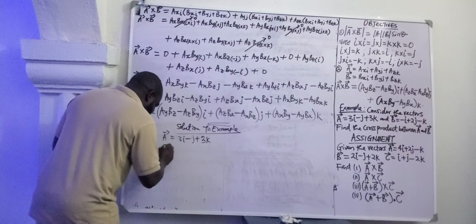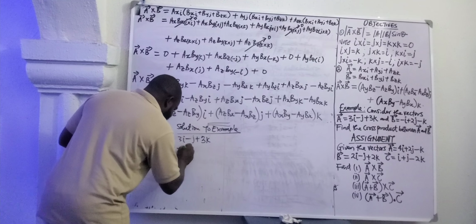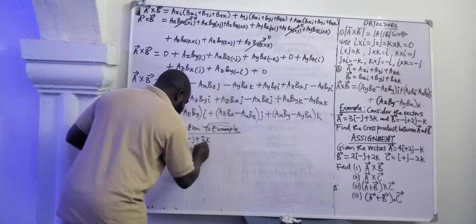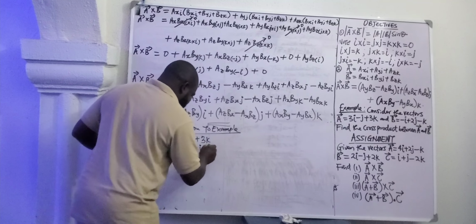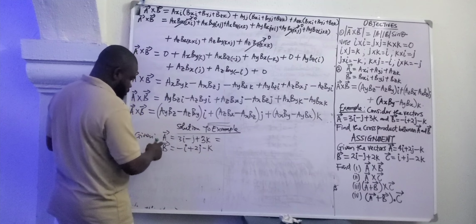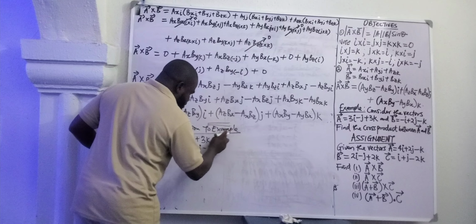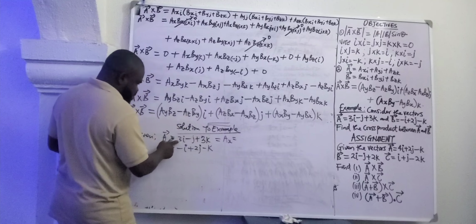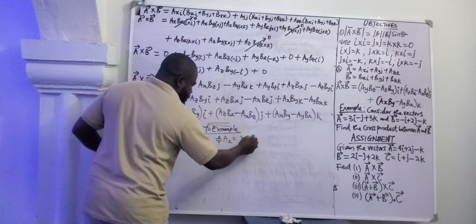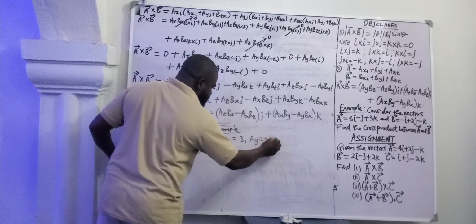And we are given vector B as minus i plus 2j minus k. If we compare this with the general equation, it means our ax is what? 3. Our ay is minus 1.